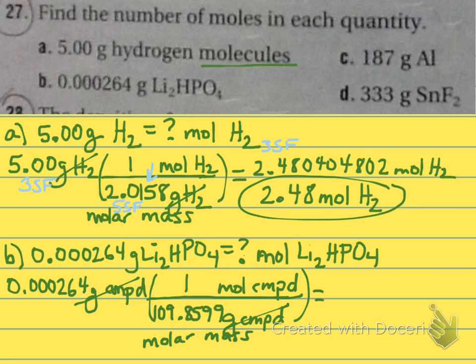Again, as long as I use 3 significant figures, that's fine. So I could call it 110 with a decimal. Again, I should divide here. So I'm going to take 0.000264 and divide it by that mass I just figured out. This is probably one where I'm going to express my answer in scientific notation.